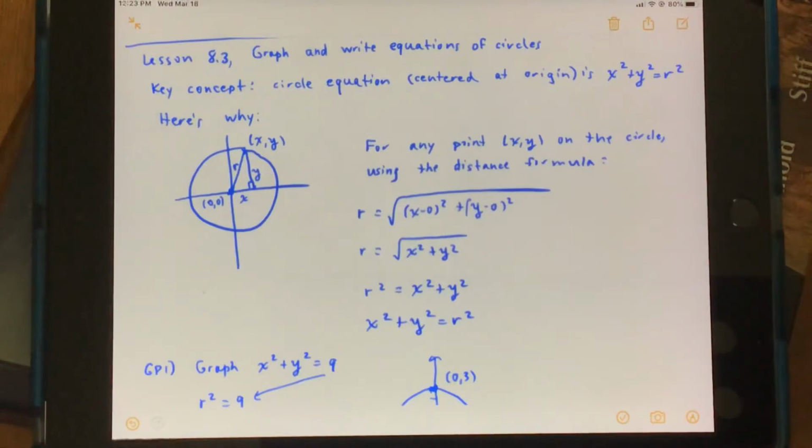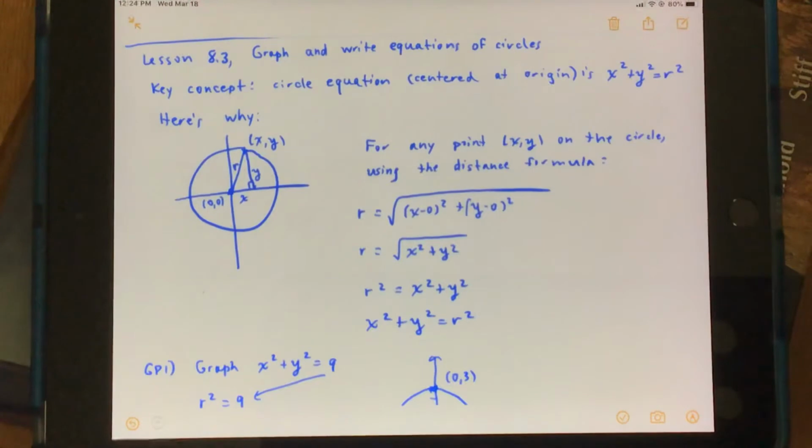And then I have drawn underneath that the radius, so you can see from the origin to a point on the circle, that is the radius, and I brought that radius right to my point that I've chosen as x comma y, and that means that I can draw a right triangle from the origin to the x coordinate position and then up to the y coordinate position. So I have a right triangle with legs x and y and a radius r.